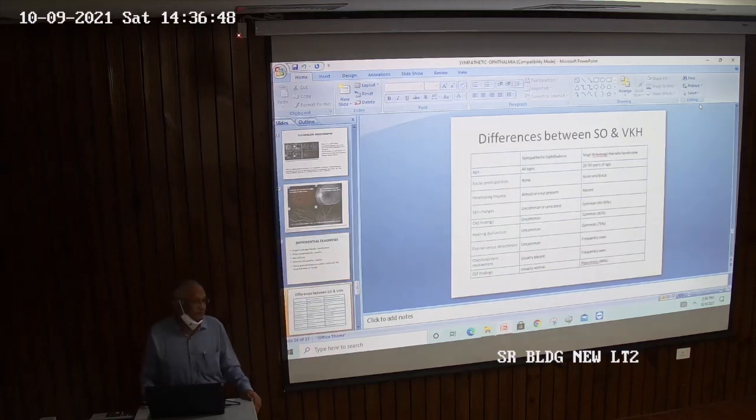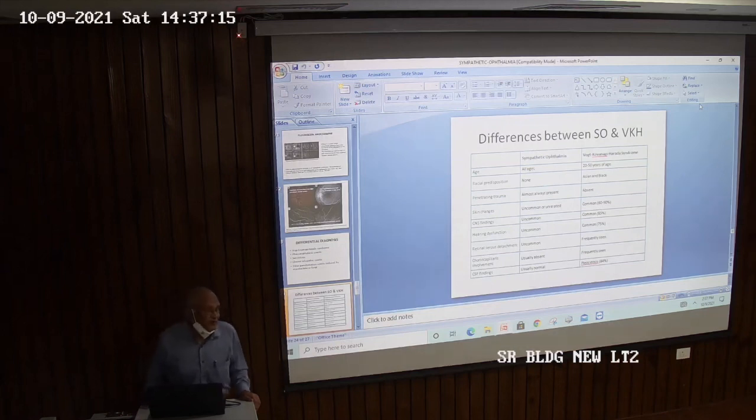Then the differences between sympathetic ophthalmitis and Vogt-Koyanagi-Harada disease, an important part. Age: sympathetic ophthalmitis occurs at all ages, while Vogt-Koyanagi-Harada syndrome is 20 to 50. Trauma: yes, penetrating trauma, there will be a history of trauma in sympathetic ophthalmitis, while not in Harada disease.